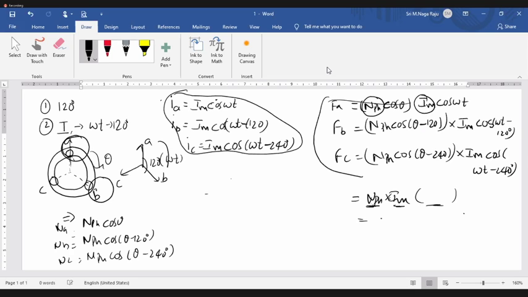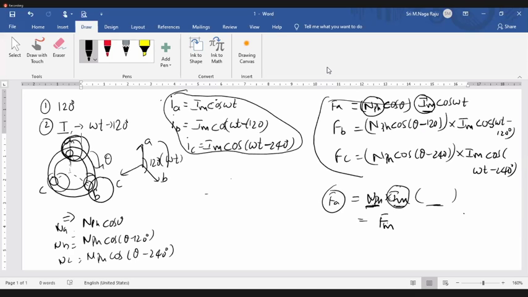Number of turns into current is the MMF, so it is F for phase A. In three-phase windings, each phase has an equal number of turns, so N phase is common for all. Current is also the same, maximum value for R, Y, and B phase, or A, B, and C phase. So N phase into Im we can represent as F maximum.